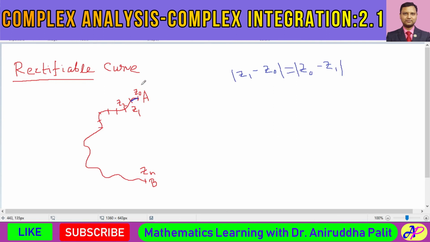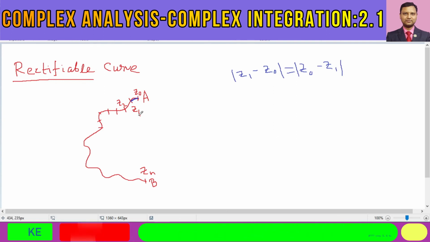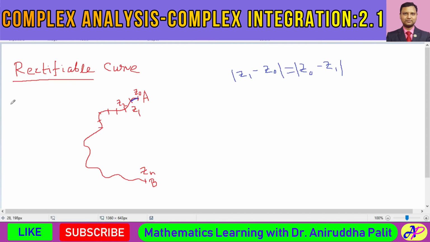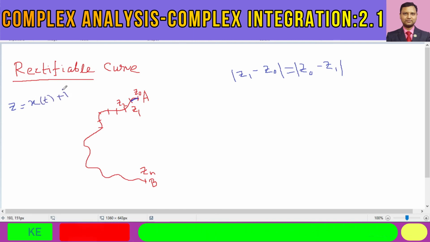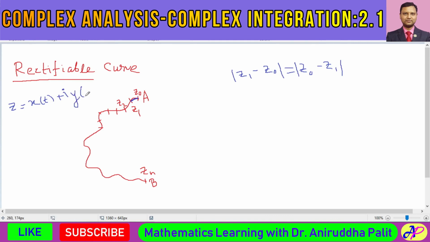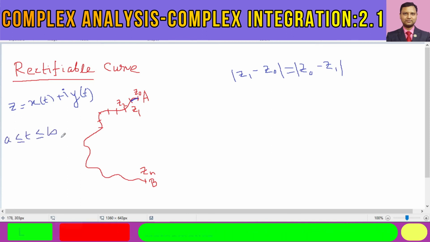Now, what is z0? You see we have a curve. So the curve would have this type of equation: x of t plus i into y of t, and we expect that a is less than or equal to t, less than or equal to b.